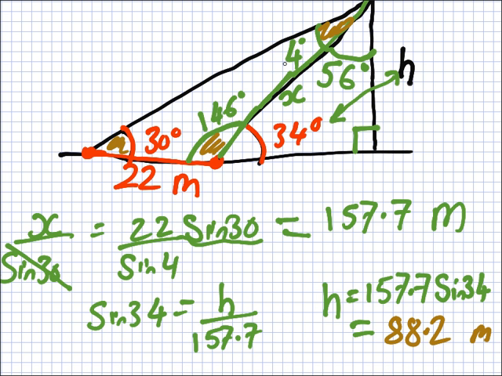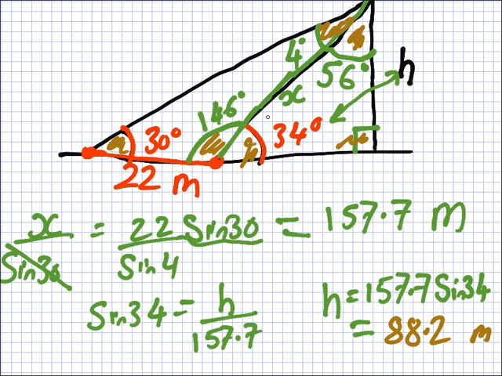Then the square is 90 degrees. And 90 and 34 is 124, so this one has to be 56, because this and this must be 180 as well. So it's step by step.